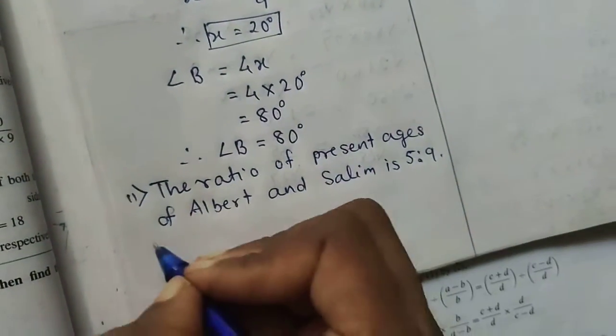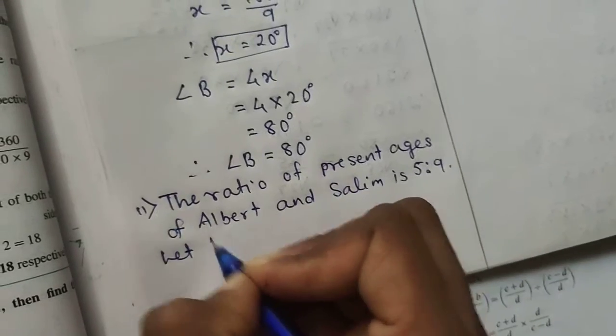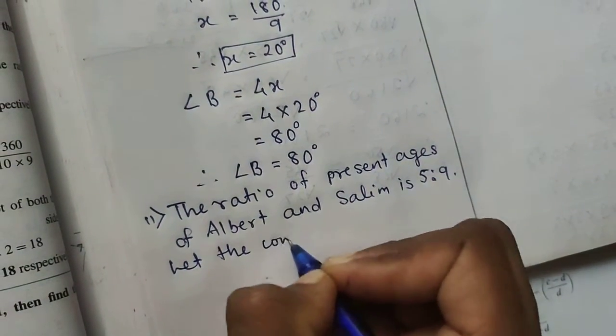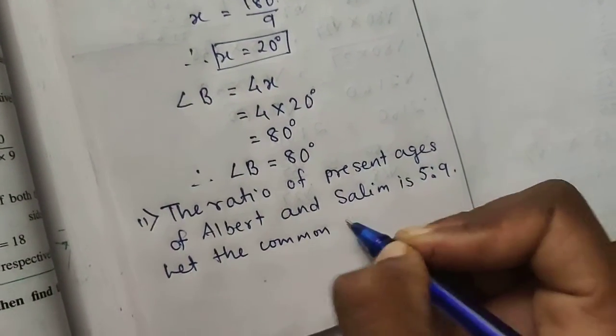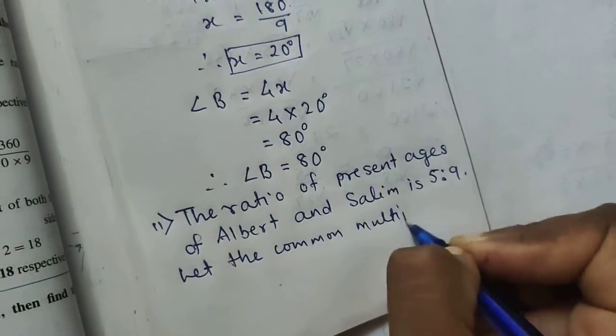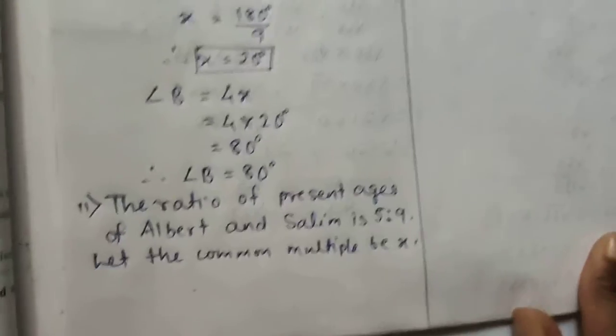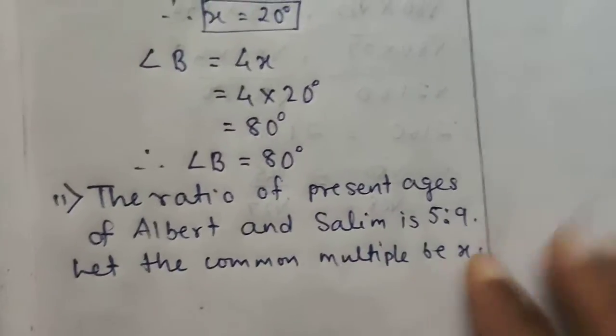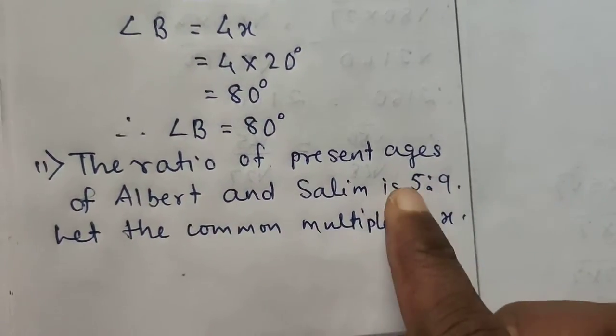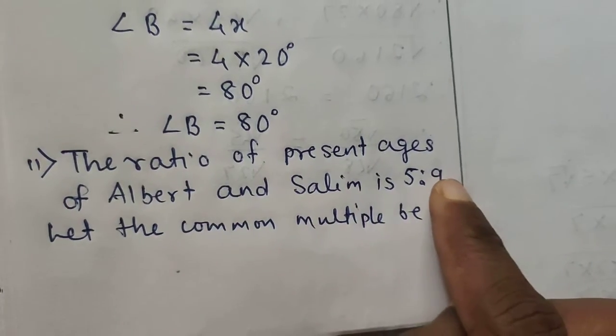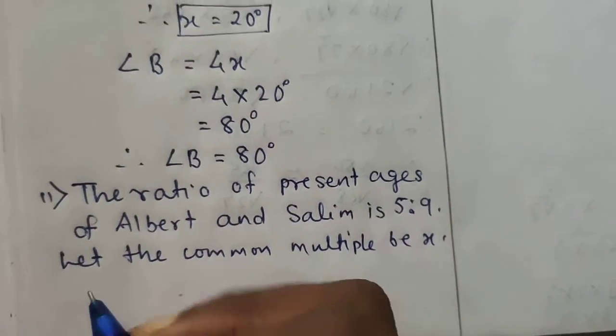So let us consider the common multiple to be x. So let the common multiple be x. Now since our common multiple is x, that means the present age of Albert is 5x and the present age of Salim is 9x. So let us write that.